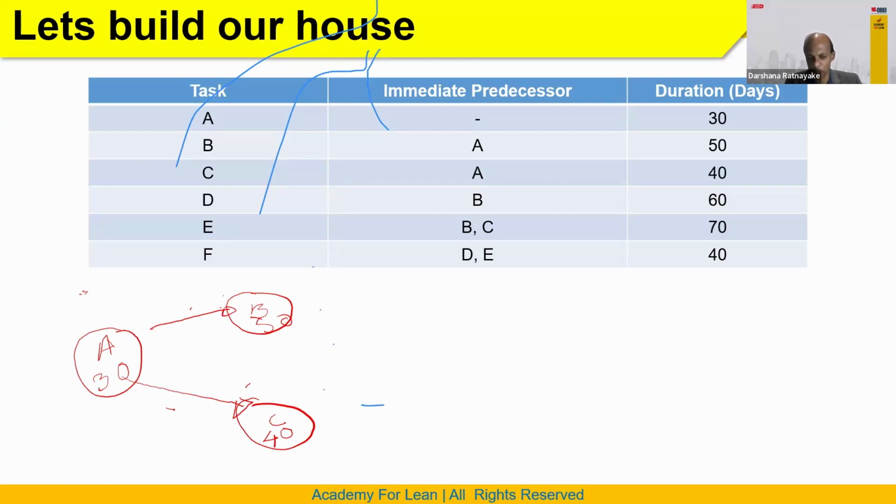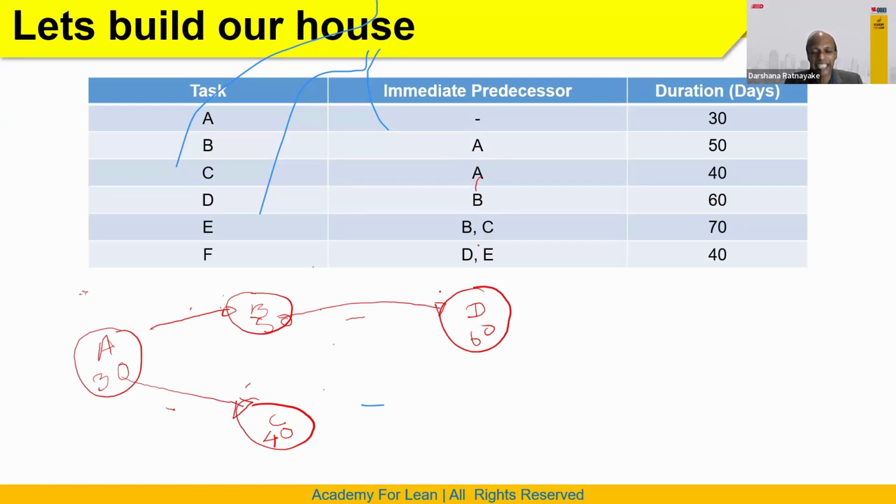Then task D. To do task D, what should be complete? Task B. Right, task B needs to be complete. So somewhere here, task D needs 60 days and B needs to be complete.